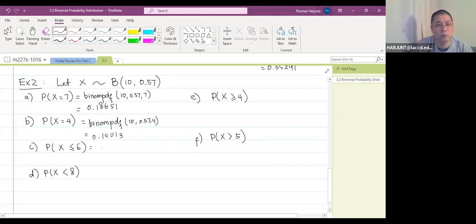That's binomcdf. So if it is exactly equal to, you use PDF. If it is up to, you use CDF.